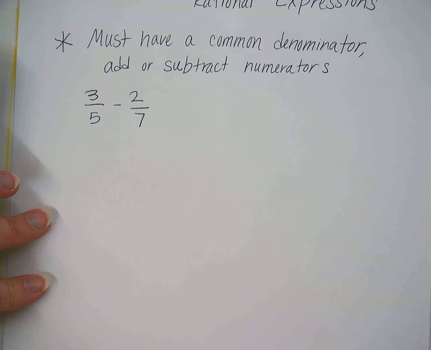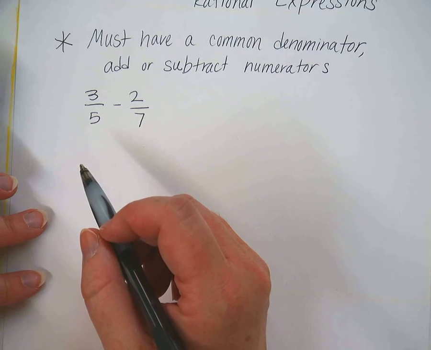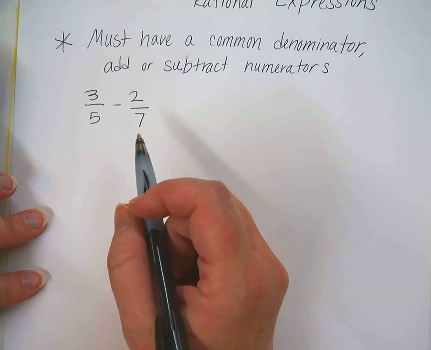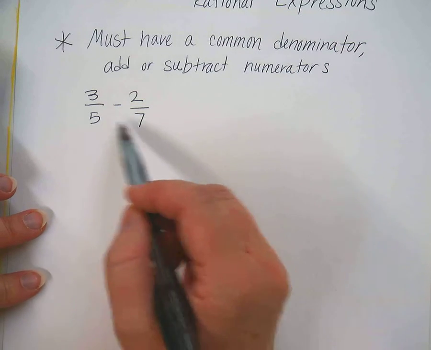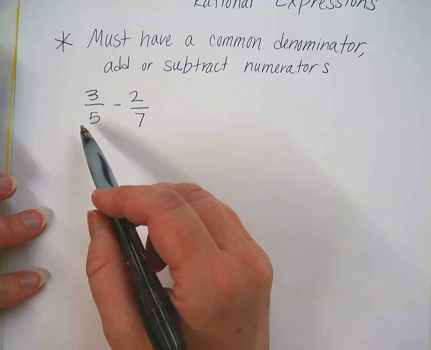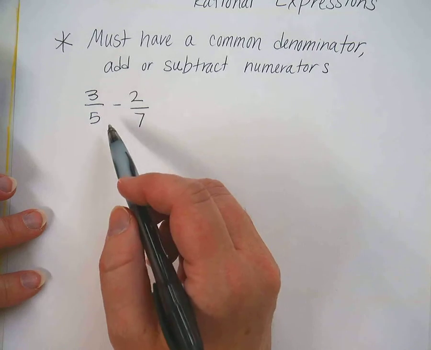So in this case, since both 5 and 7 don't have any factors in common, they are separate prime numbers, we actually just find the common denominator by multiplying them together. So that will mean that this fraction will need an extra 7 multiplied in, right? And this one will need 5.